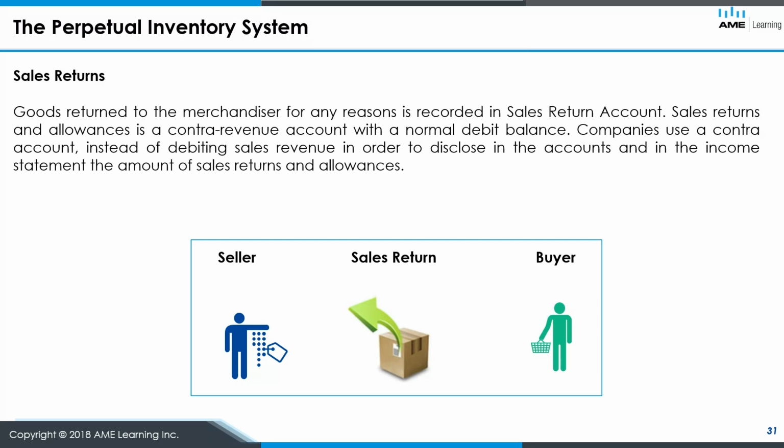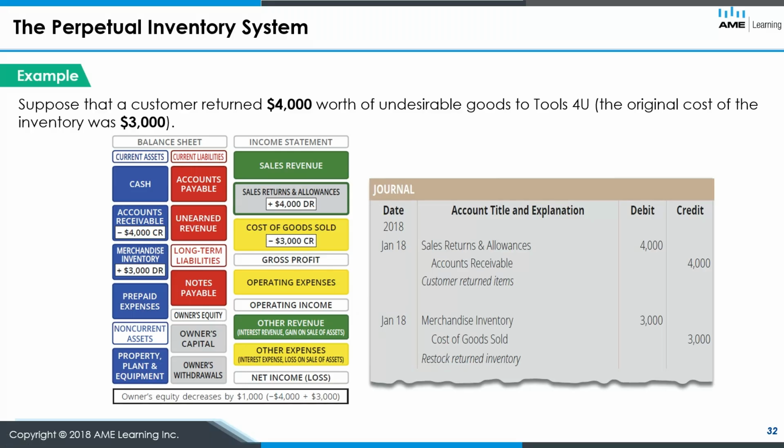So if we're keeping the sales revenue and the returns in 2 separate accounts, 2 separate buckets, we can do an analysis of sales returns on an ongoing basis and track the returns, see if there are changes in those that might be something we need to be aware of. So it just helps us better understand and have better transparency into the sales returns amounts, as opposed to just reducing the revenue directly when we get a return.